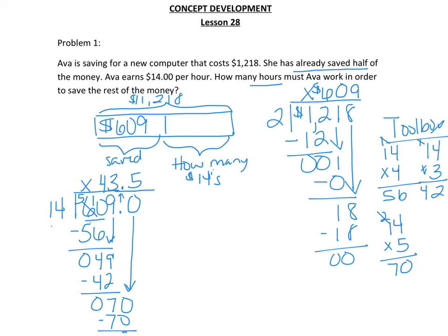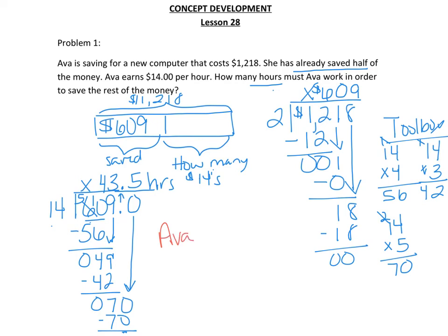So 43 and a half, but look at my question. How many hours? So 43 and a half hours is how much Ava must work in order to save the rest of her money. So let's put that in an answer statement.